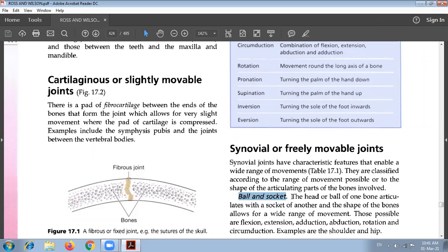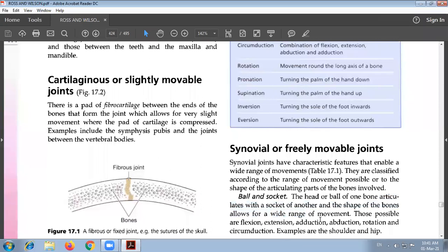So here is the first type, the ball and socket joint. In this, the head or the ball of one bone articulates with the socket of another bone. As I have told you, the ball or head of one bone fixes in the socket of another bone, and the shape of the bones allows a wide range of movement.